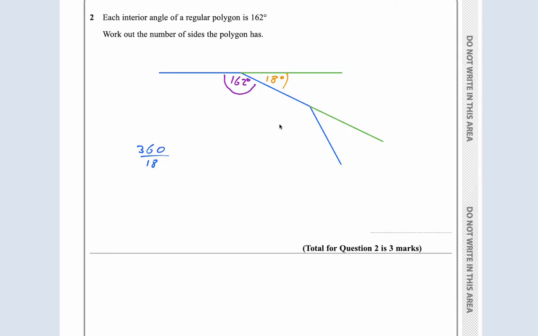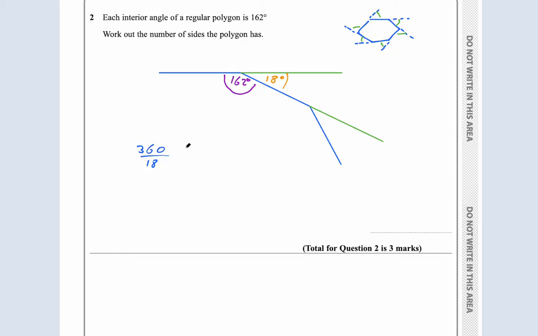For example, if you had a regular hexagon like this, you will have this, this, this, this, this, and this. Hence the exterior angles all add up to 360 because it's a full circle.